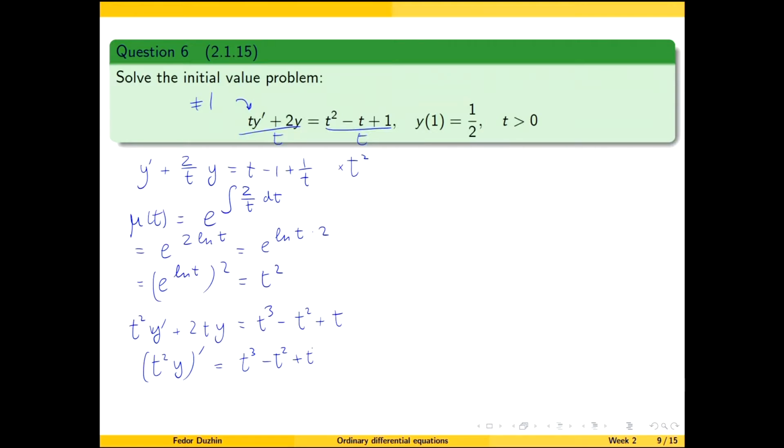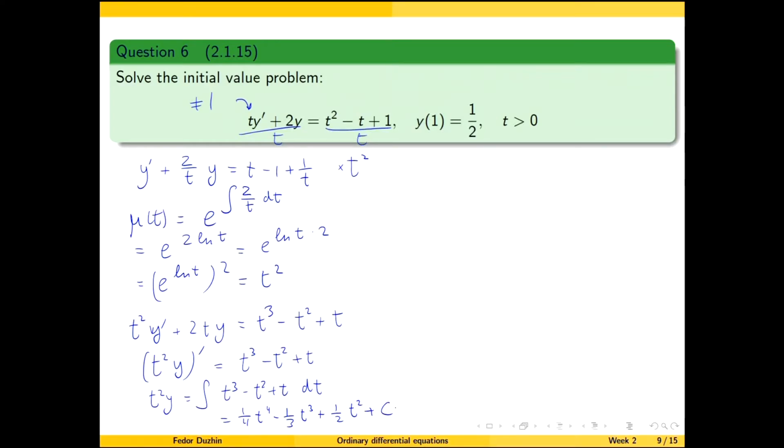So the derivative of this function t squared times y is the given function, so t squared y is the antiderivative, the integral of t cubed minus t squared plus t dt, which is the antiderivative of t cubed, 1 over 4 times t to the 4, minus 1/3 t cubed plus 1/2 t squared plus a constant.